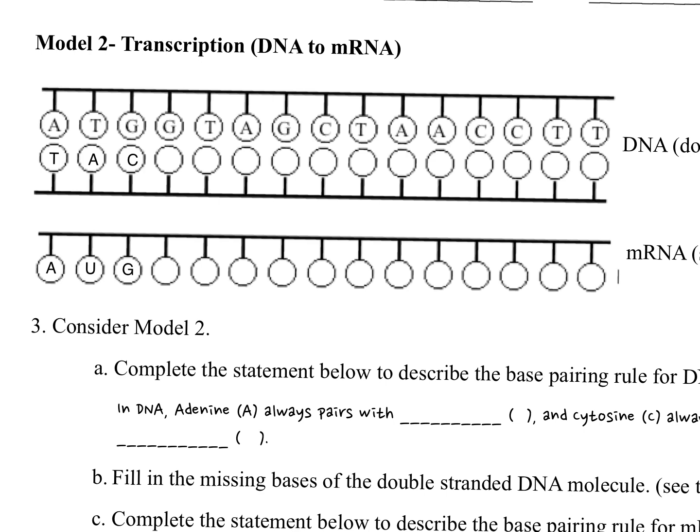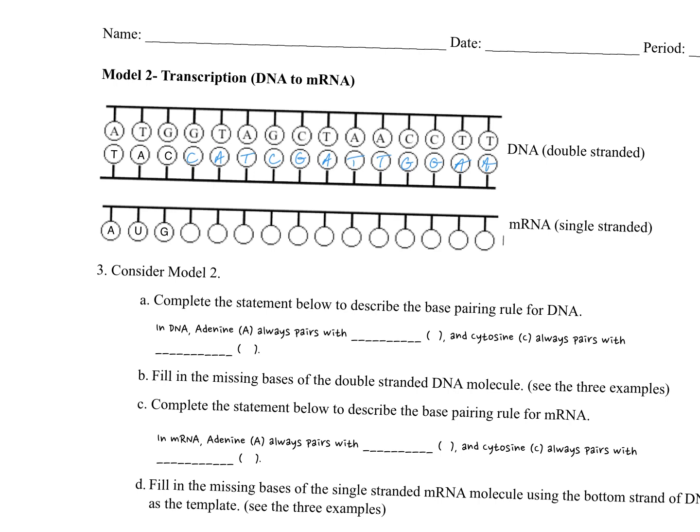Okay. So again, to clarify, G goes to C in DNA, T to A, C to G, A to T. That works because that's DNA. DNA and DNA, they match up. Double-stranded, long. Now we're making a copy of the RNA.